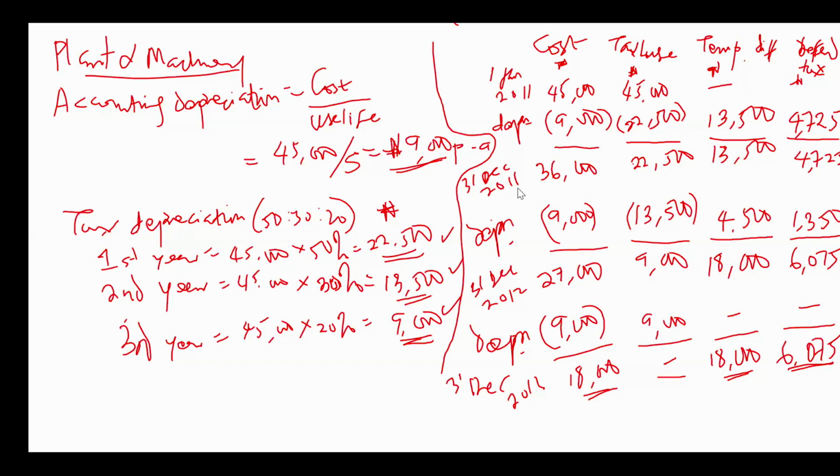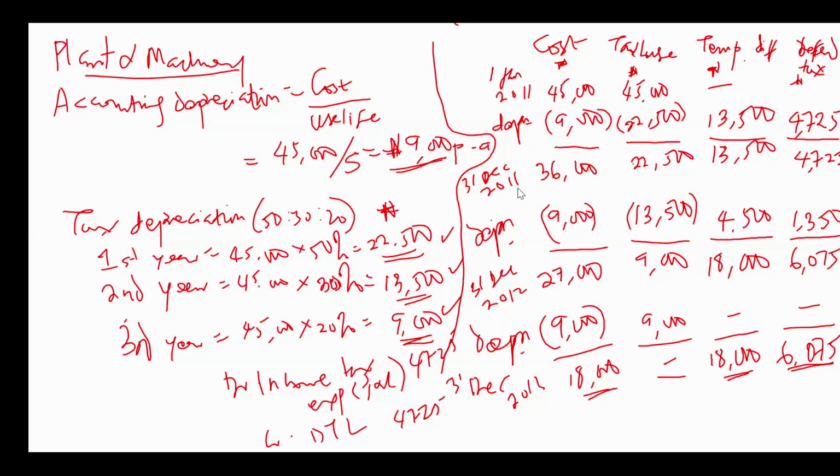The only thing is this. In the 1st year, I would debit my current tax expense. Or let me say, so I don't confuse people, let me call it income tax expense, the one that shows up in your P&L. This amount, 4,725. And I'll credit DTL. How much? 4,725.